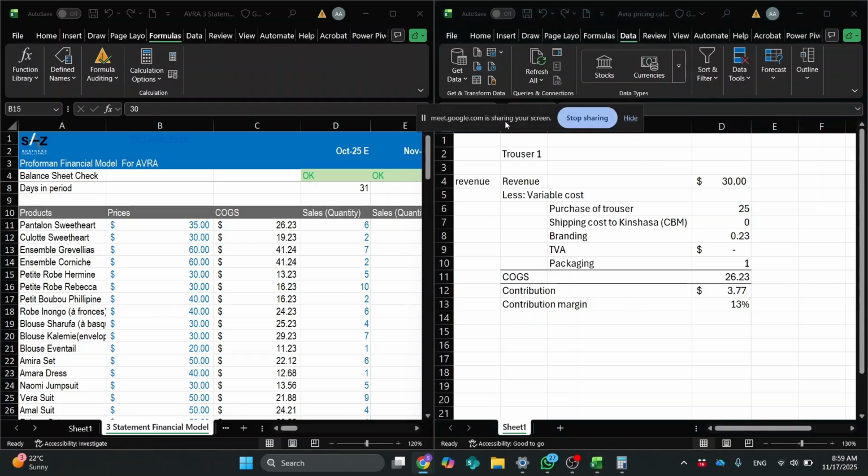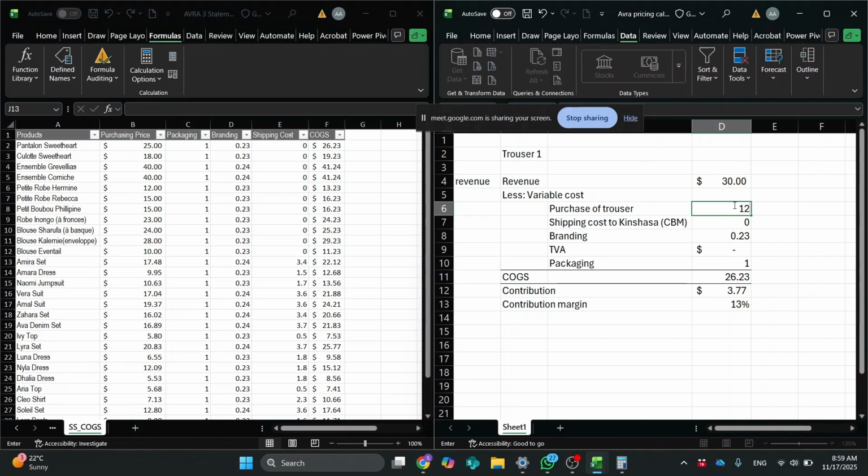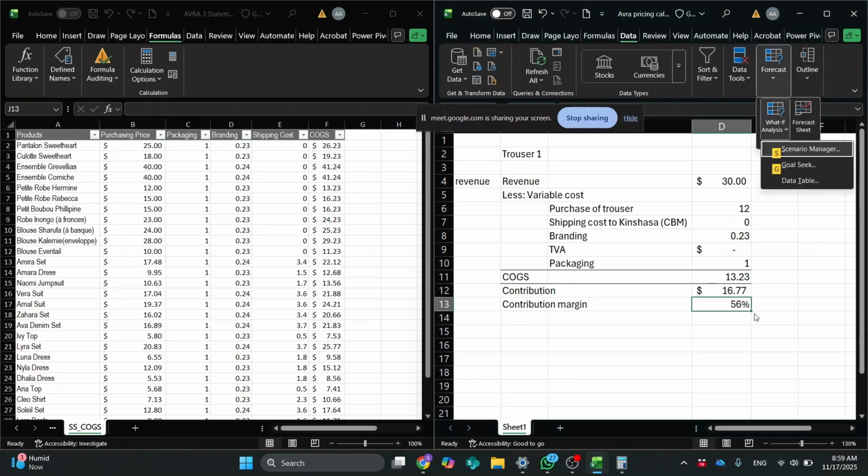What the hell is this? And then Petit Roberni. Let's go Petit Roberni. So here it's 12. That's the purchasing price. And then your packaging is 0.23. You see now this one, La Petite Roberni, it's 56% margins. Let me try and run it again.